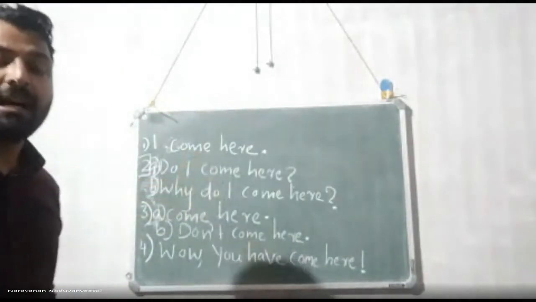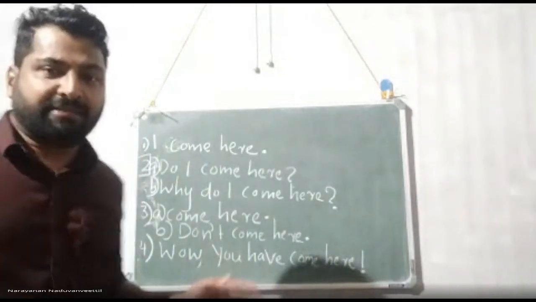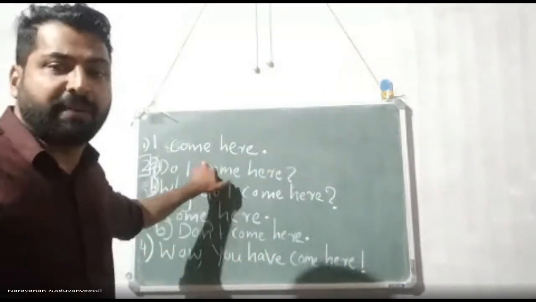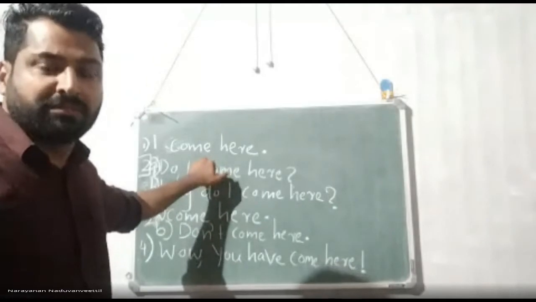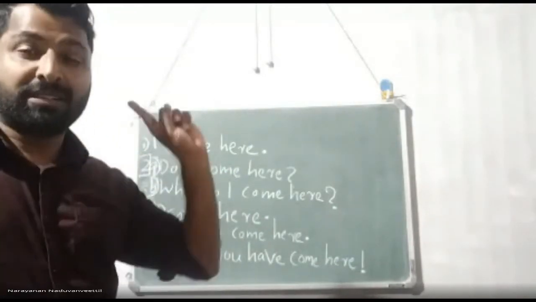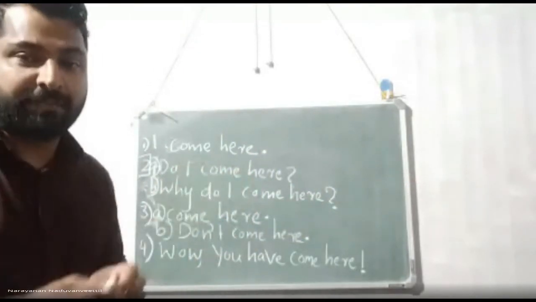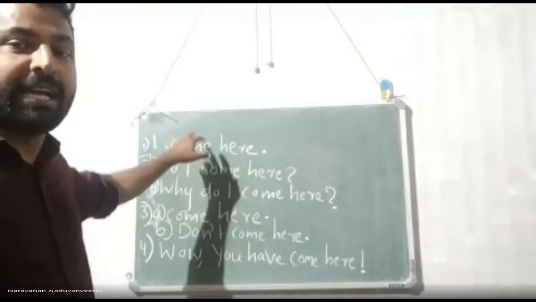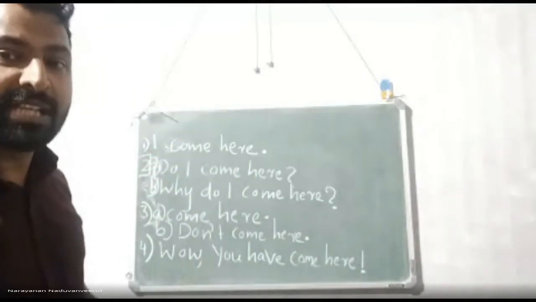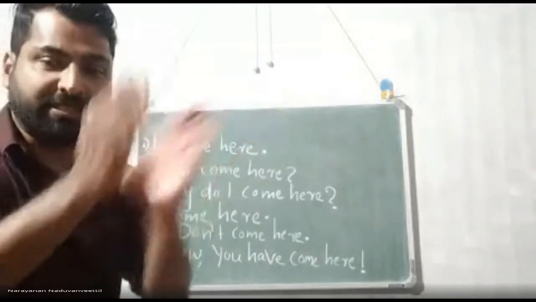Okay, first one. Imagine that this sentence is said by Rohan to Rahul. How would it be reported? When you report a dialogue, you have to start your reporting with a new sentence.